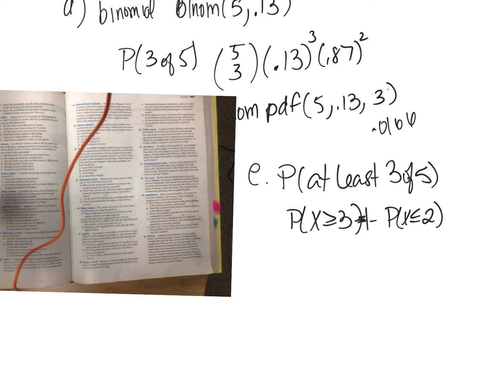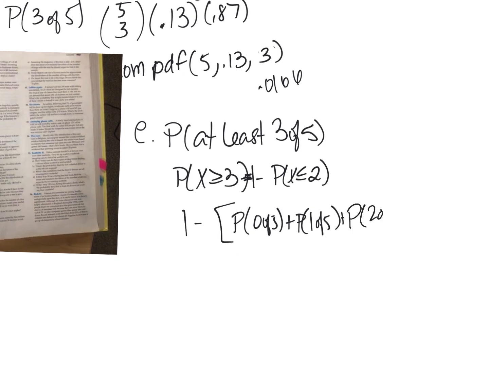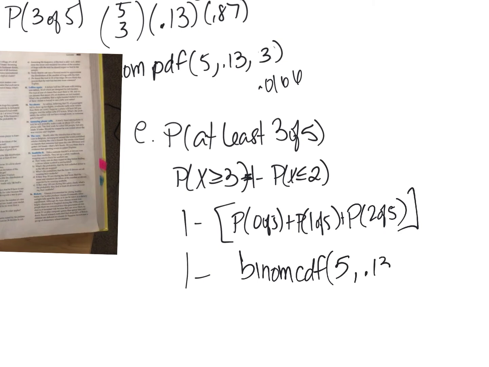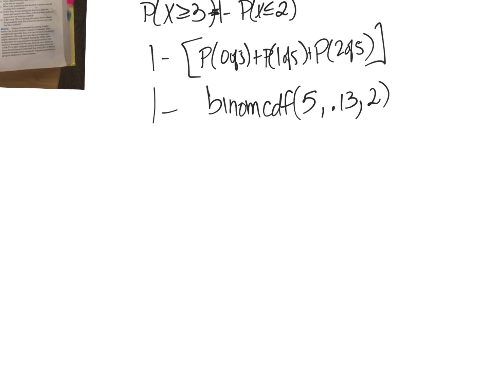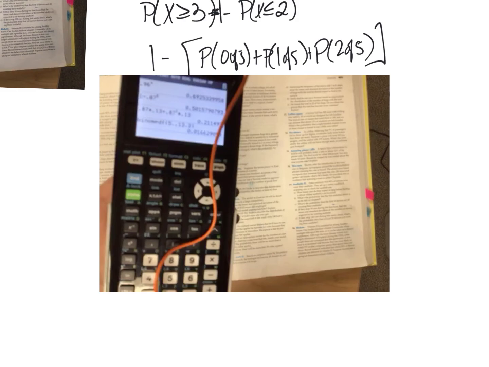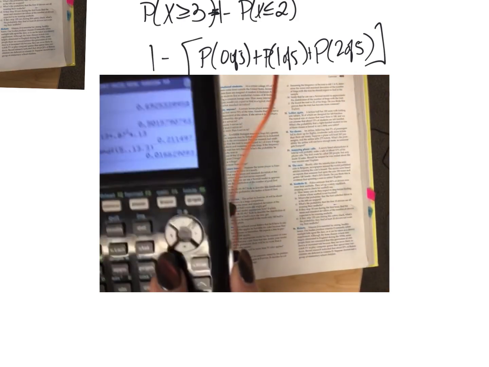Remember that I have to lower this by 1 so that I actually include the 3 in my calculation. So this is 1 minus the probability of 0 of 5 plus the probability of 1 of 5 plus the probability of 2 of 5, which in the calculator I can do binomCDF because I wanted to add up several values. Cumulative, add it up, right? And that's 5, comma 0.13, comma 2. So again, second distribution.